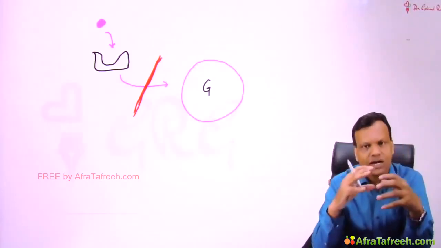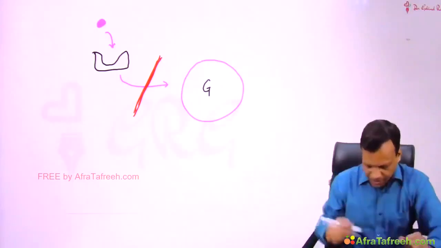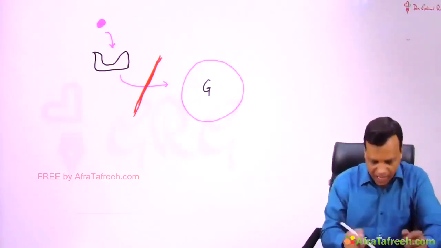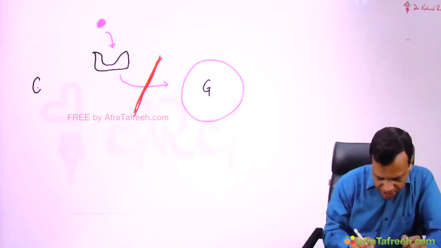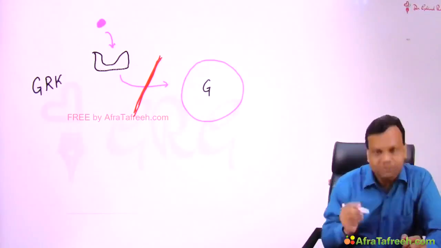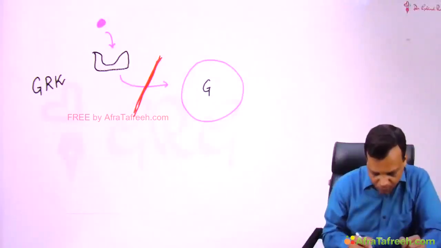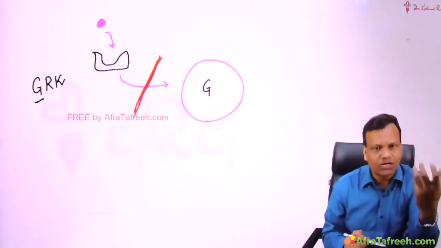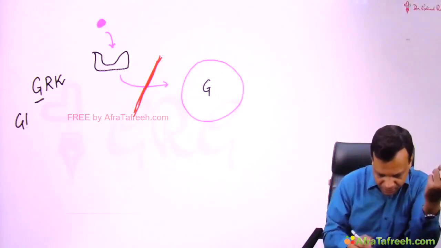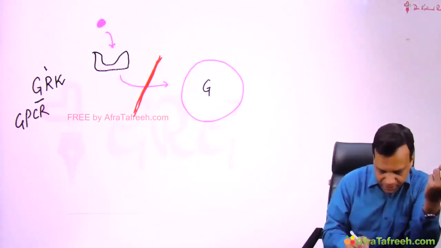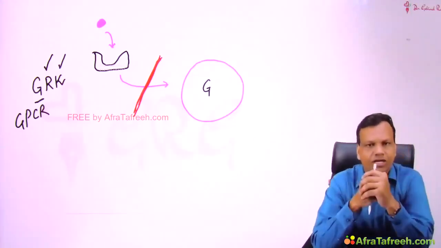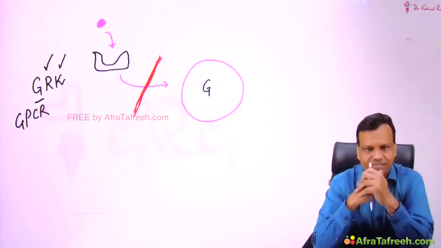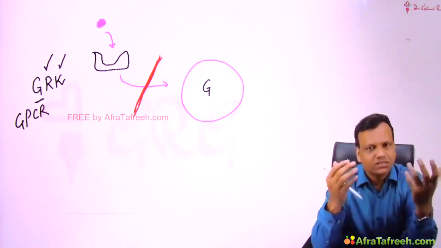Now how does this uncoupling happen? In the cells we have an enzyme called GRK, G protein coupled receptor kinase. Kinase means phosphorylase.